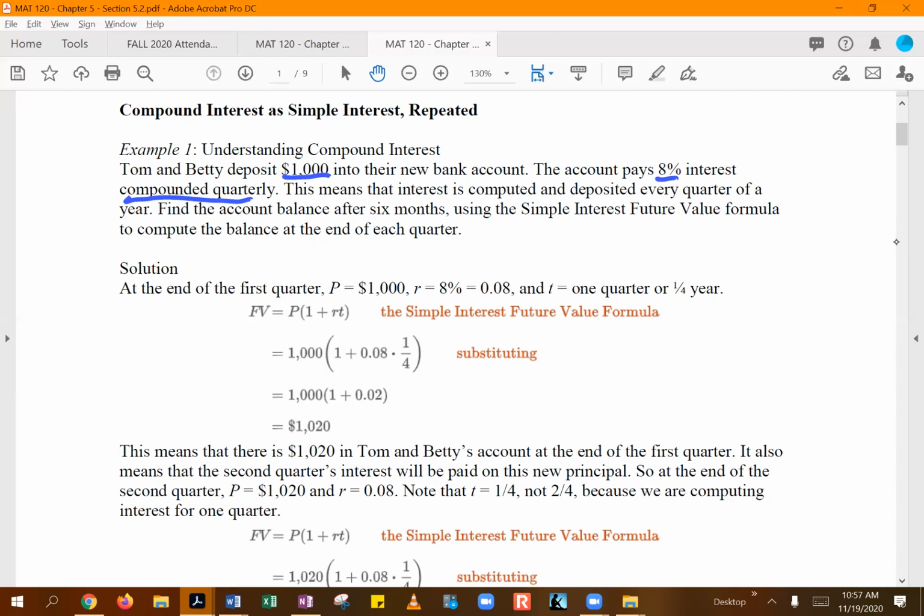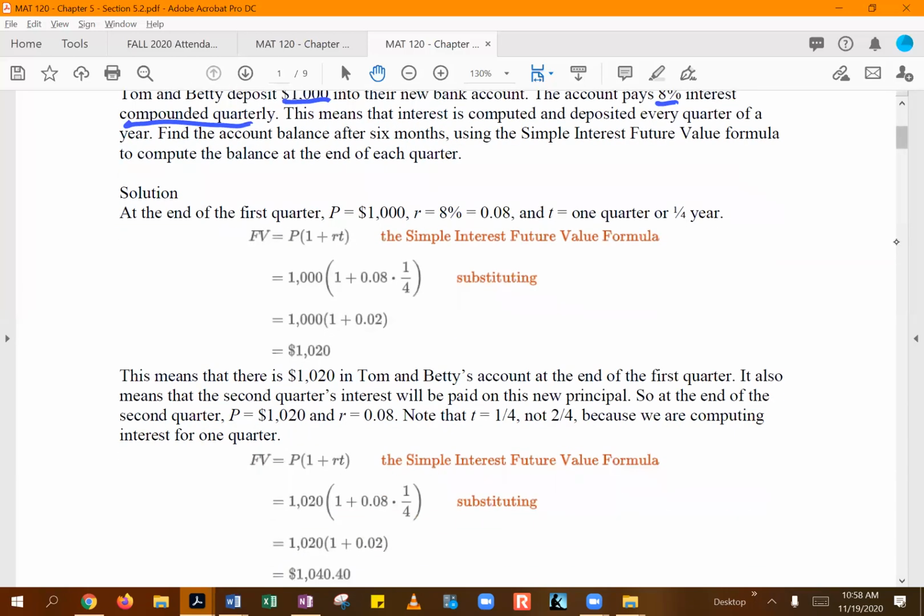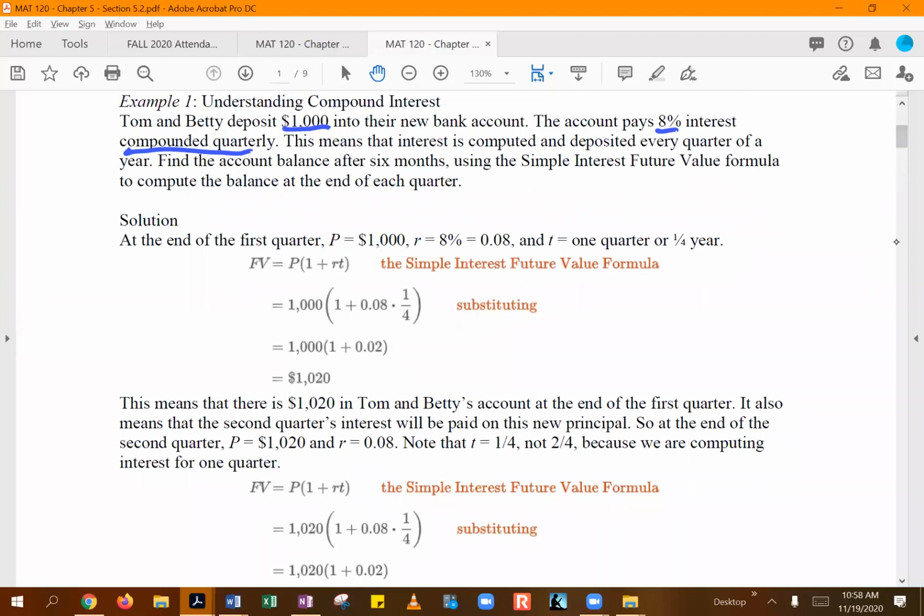They want to know what the account balance is going to be after 6 months, using the simple interest future value formula. Our principal, the amount that we are depositing, is $1,000. The rate of interest is 8%. And we are doing this compounded quarterly, which means we're only doing it for 1/4 of the year.